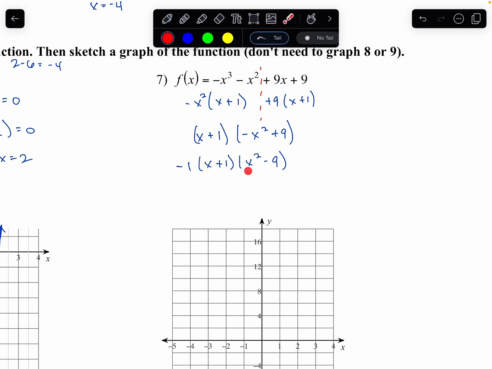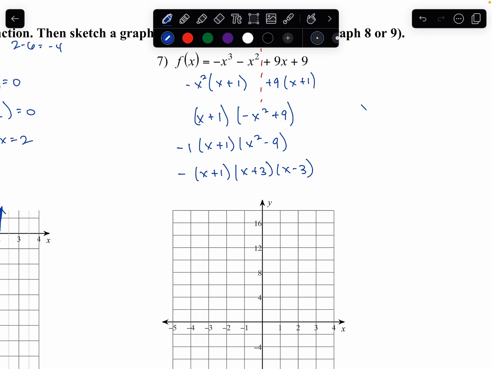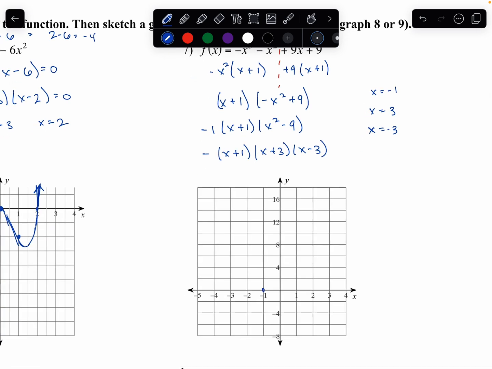And that's easy because this is factorable, because it's minus. So I have negative x plus 1, and then x plus 3 and x minus 3. That's the difference of squares pattern. Then I can see that my solutions are x equals negative 1, x equals 3, and x equals negative 3. So those are my x-intercepts: negative 1, negative 3, and 3.